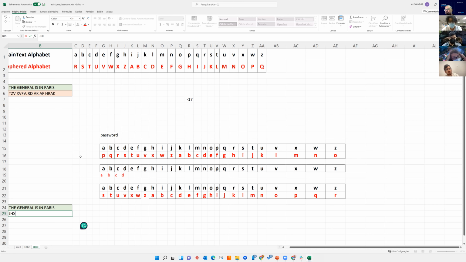To break the Vigenère, the first step is to find the size of the key. Okay, because you need to discover the size of the key, it's the harder part. Because if you find the size of the key, you can apply the frequency analysis like the Caesar one. Did you understand?